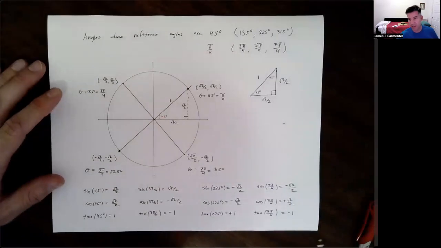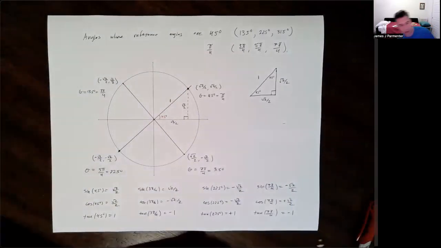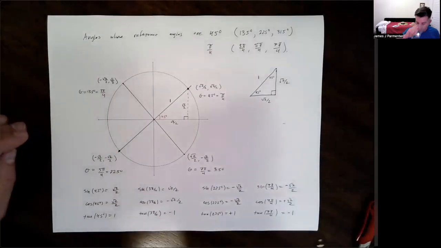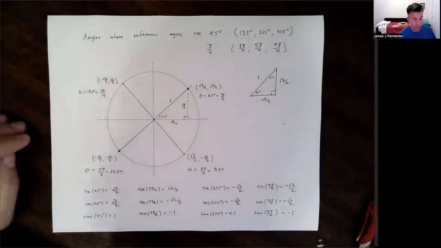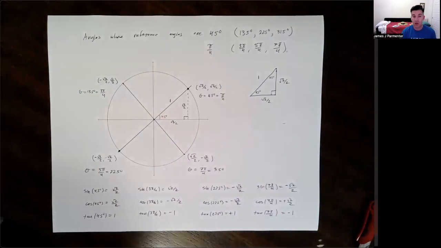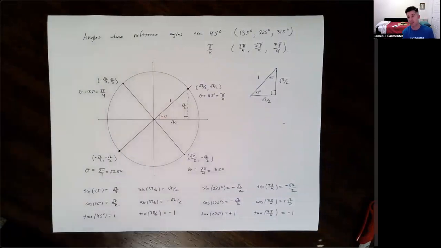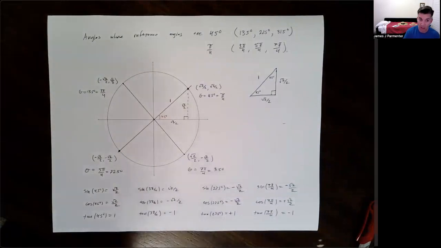Okay, 35 minutes. I'm going to say kind of one more thing, and then we'll probably call it a day. So the big story here is that you can use the unit circle to find sine, cosine, tangent, and also cosecant, secant, and cotangent of any of our nice special angles.